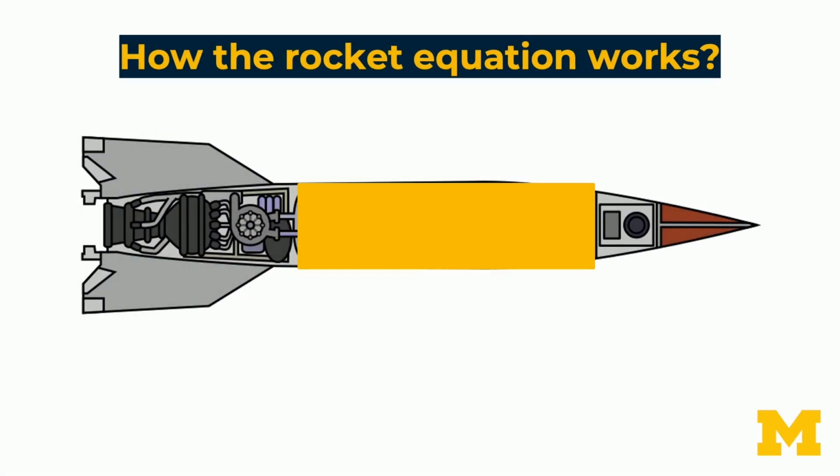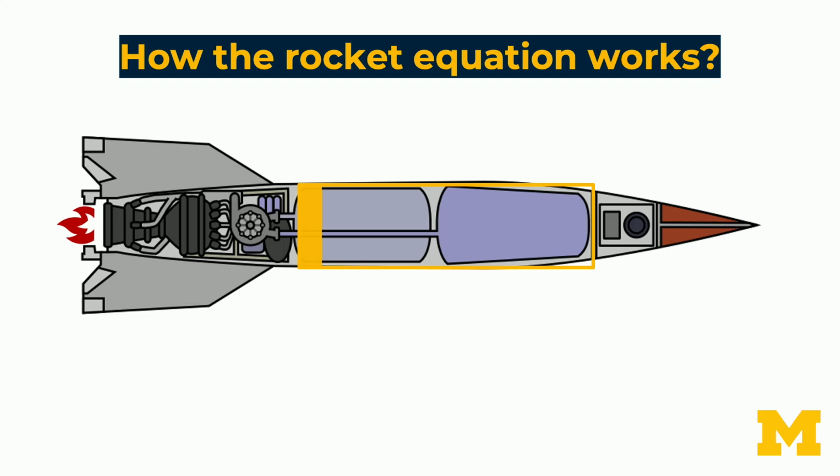How does the rocket equation work? What is the fundamental reason for why this exp and this ln thing exists? Well, if you recall, when you start with a rocket, it's sitting on the launch pad and it's fully fueled. It's maximum mass. Then as it starts firing, it starts using that mass, and that mass becomes less and less.